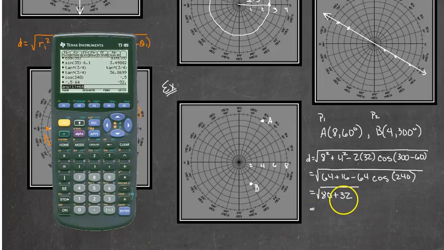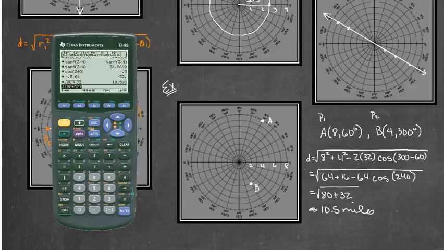So I've got 80 plus 32, 112. I'm going to do that all together just to be sure. The square root of 80 plus 32 is 10.583, or approximately 10.5 miles. So approximately 10.5 miles, and that's it.